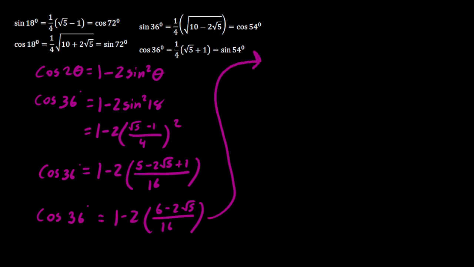And when we distribute 2 into the numerator, we get cos 36 equals 1 minus 12 minus 4 root 5 by 16. I forgot this. I wrote this wrong and I said this wrong, but it's 12 plus 4 root 5 because the negative gets distributed, right?